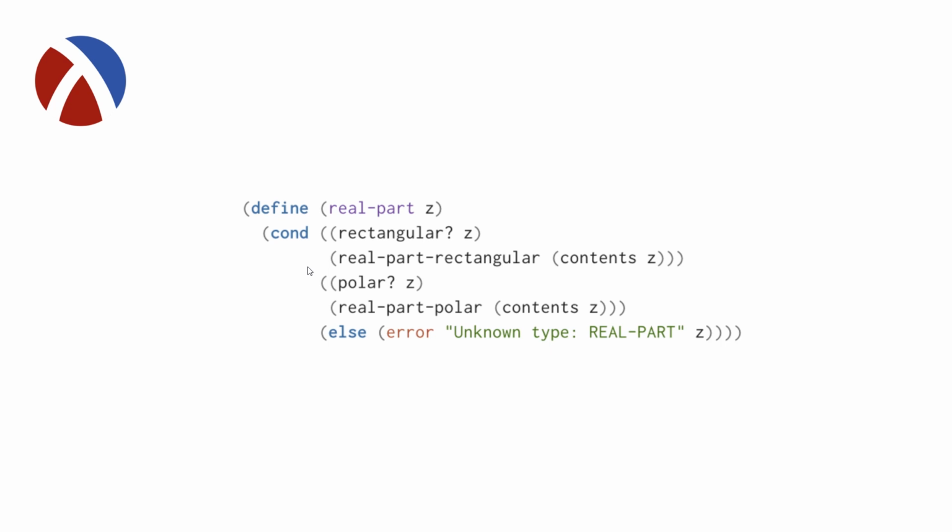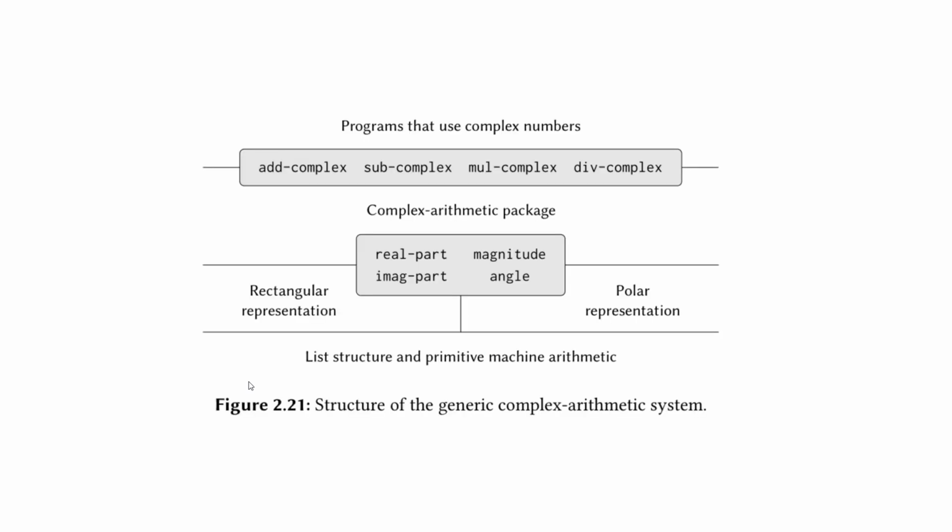If so, call real-part-rectangular. If that fails, then we go on to the next clause, which checks, do we have the polar representation? If so, invoke real-part-polar. So using the predicate procedures, we dispatch the corresponding procedures for the representation. Otherwise, we hit this final clause that says we don't know what representation you're trying to access.